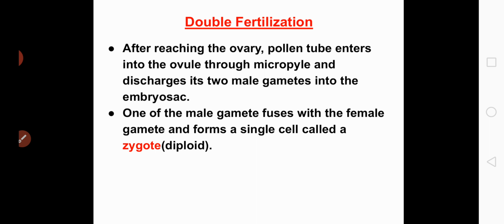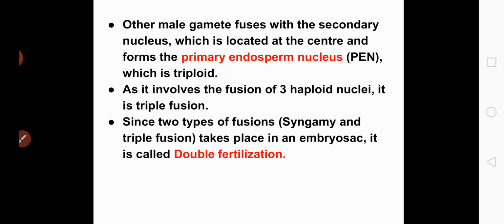So after pollination, the pollen tube enters the style region and finally reaches the ovary, and after reaching the ovary it enters the ovule through the micropyle, and in the ovule it discharges its male gametes into the embryo sac. Of these male gametes, one fuses with the female gamete. As a result, fertilization takes place, which is also called syngamy, and the resultant product is the zygote.